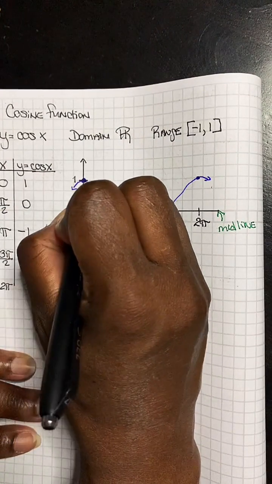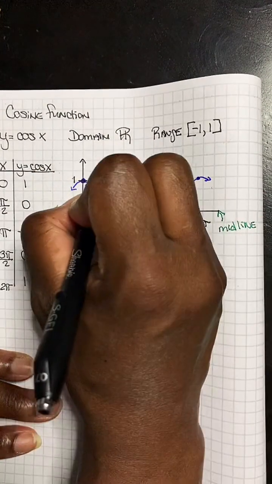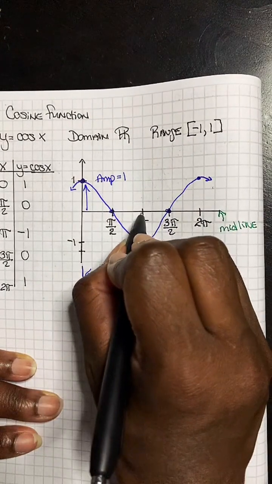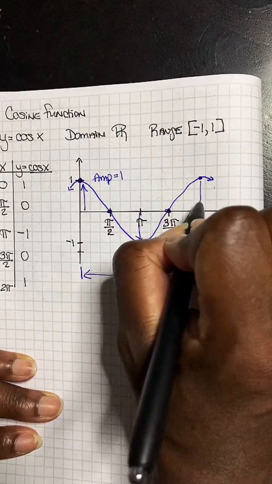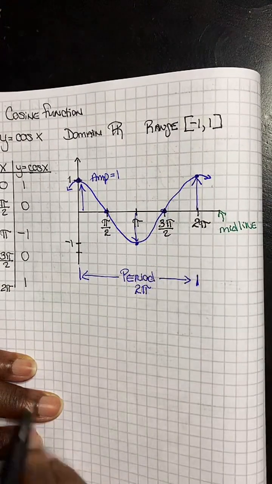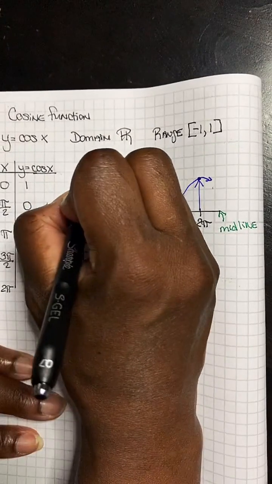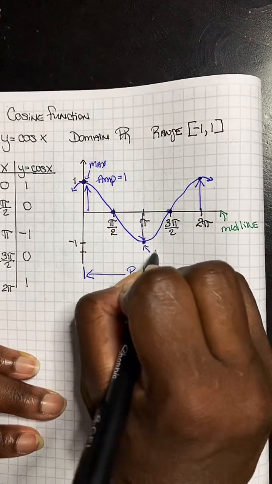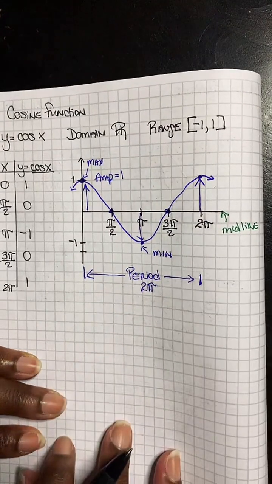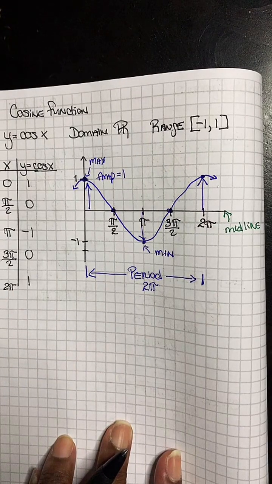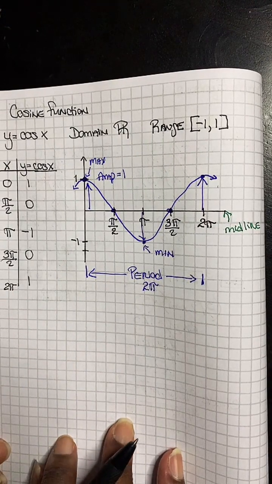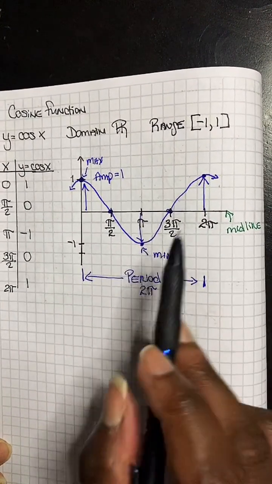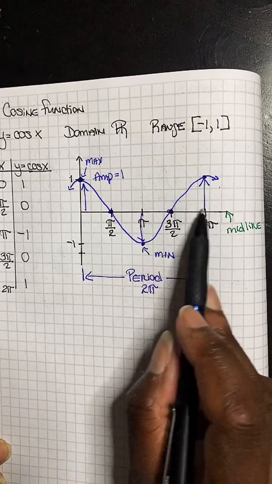My amplitude, in this case, is going to equal 1, because it's 1 unit away from the midline. Again, this right here is my max, and this right here is my min. So it's almost like this is a quarter of the way, this is half of the way, this is 3/4 of the way, and this is all the way.